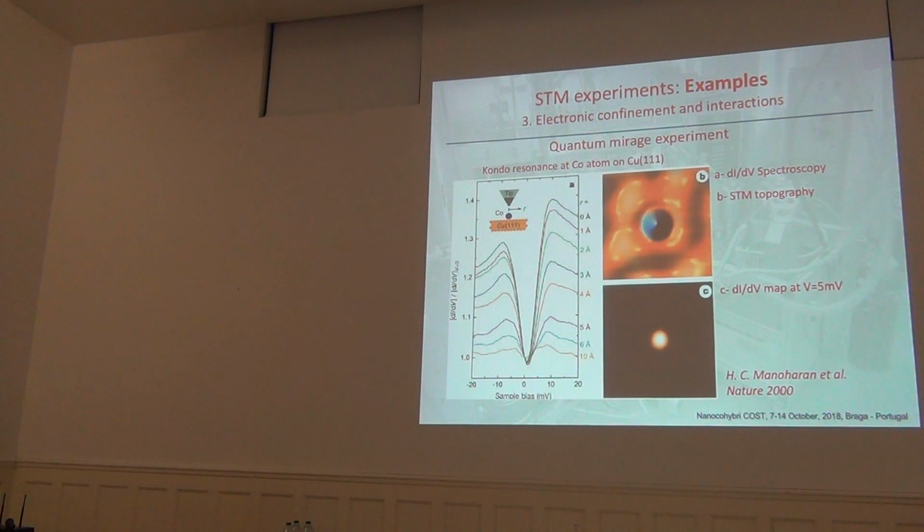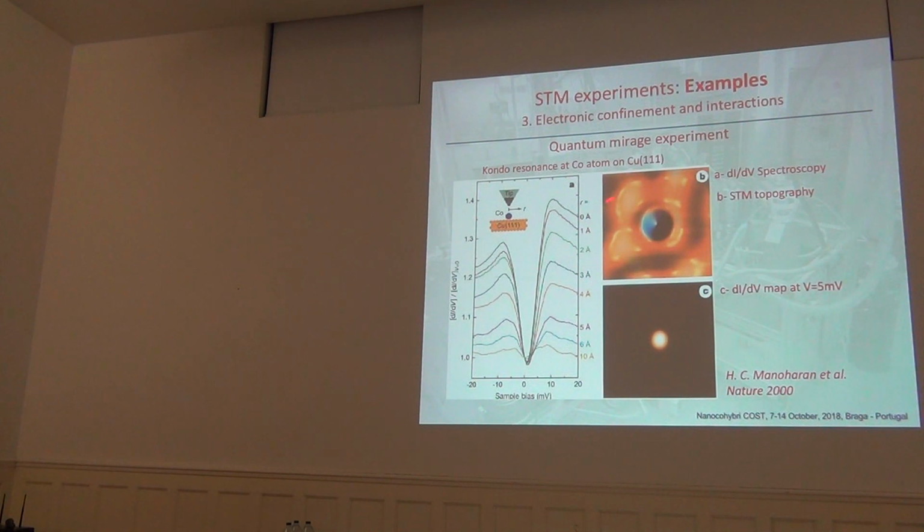A very nice example that was produced by the same group already 18 years ago was to put cobalt atoms, which produce a very nice Kondo resonance, on copper. So you get this Kondo effect due to screening of the magnetic impurity by electrons of copper, and it manifests itself in the dI/dV tunneling conductance, I discussed it before, as a minimum near zero bias.